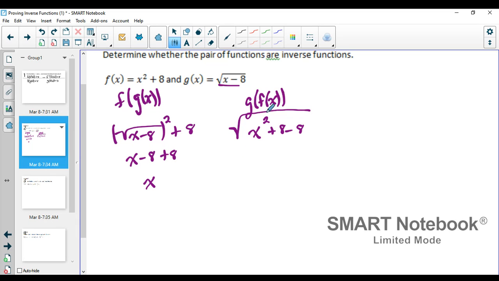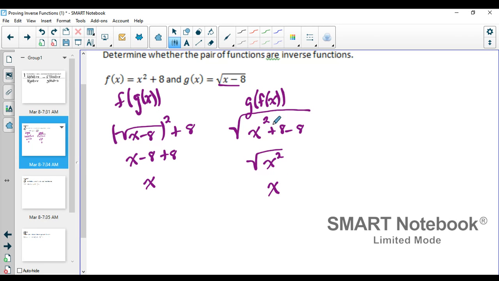Okay. Now simplify everything we can underneath of here first. So positive 8 minus 8 is 0, so that goes away. So we're left with the square root of x squared. And as we've already said, if you take the square root of a square, they cancel. So we're left with just x.